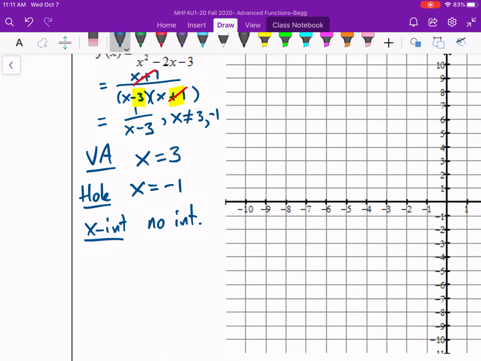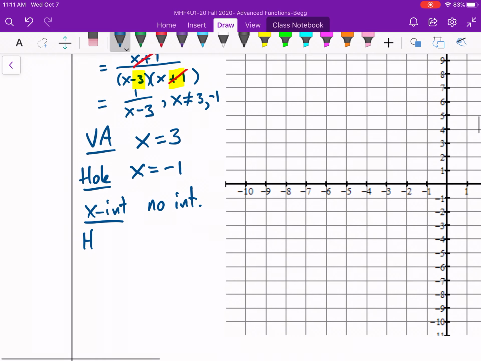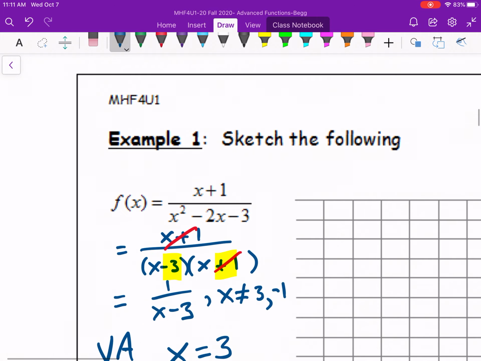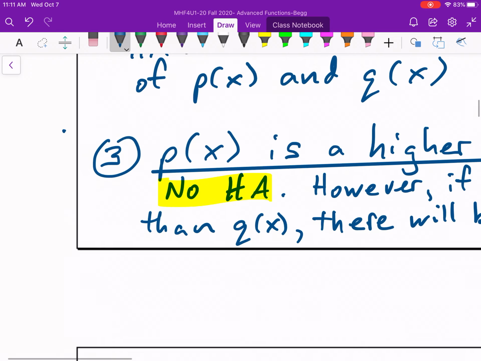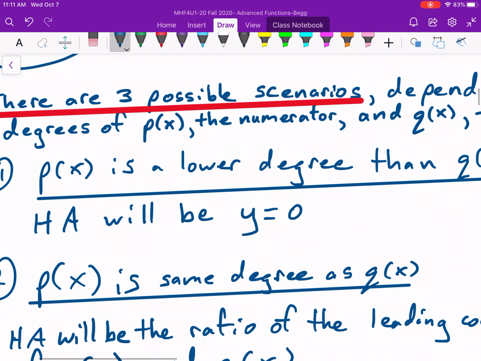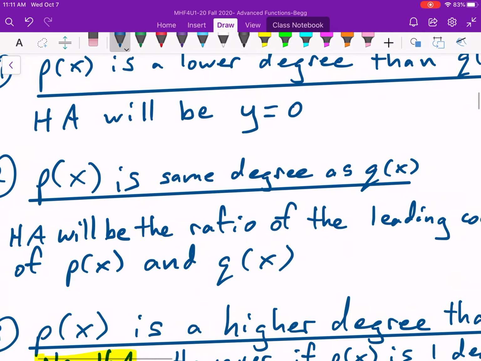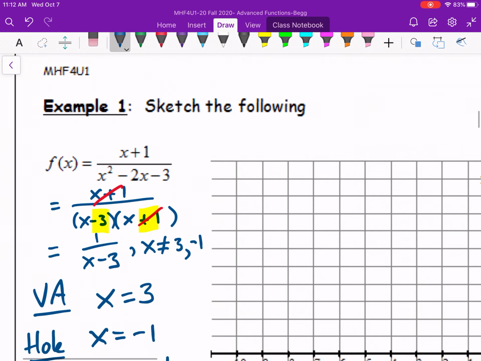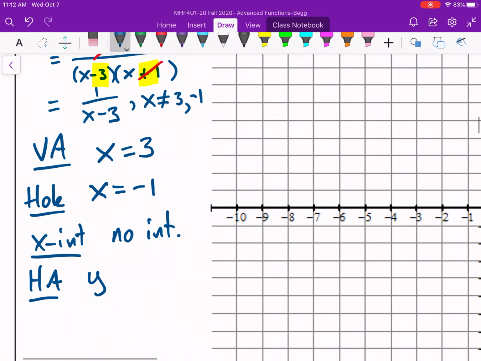We do have, however, a horizontal asymptote, and we'll see why there's no x-intercept, because if we look at the degree of the original polynomial, we have degree 1 over degree 2. That was the first case we saw, where the horizontal asymptote will always be the x-axis, y equals 0. So y equals 0 is my horizontal asymptote, and we could have an x-intercept, as I've said before.